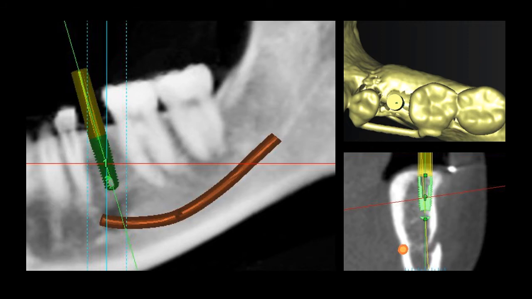On the left-hand side, after the CBCT was manipulated, we used the software to insert the implant of the appropriate diameter and length after we drew the inferior alveolar nerve on the left-hand side here.